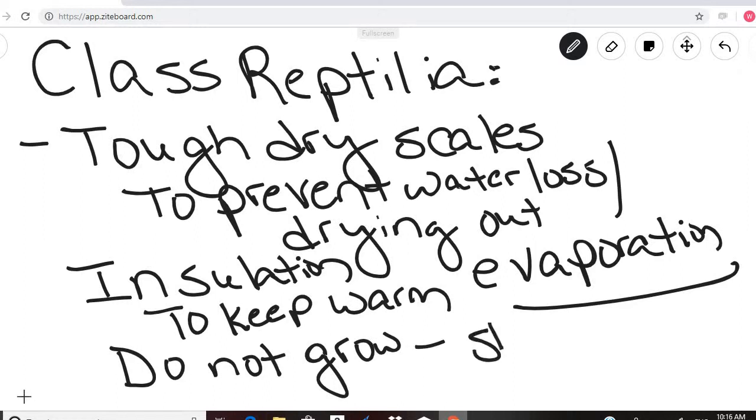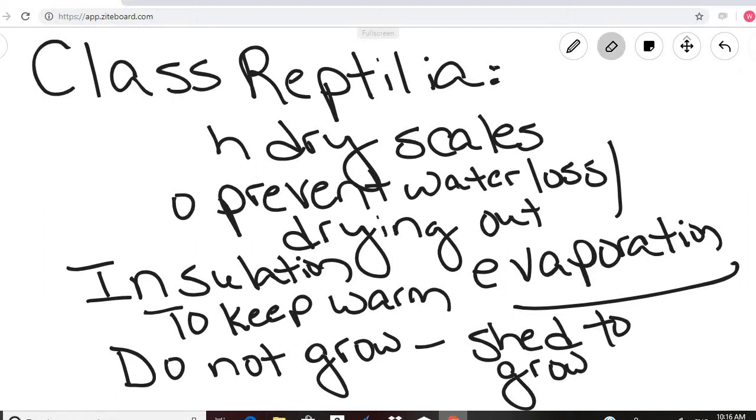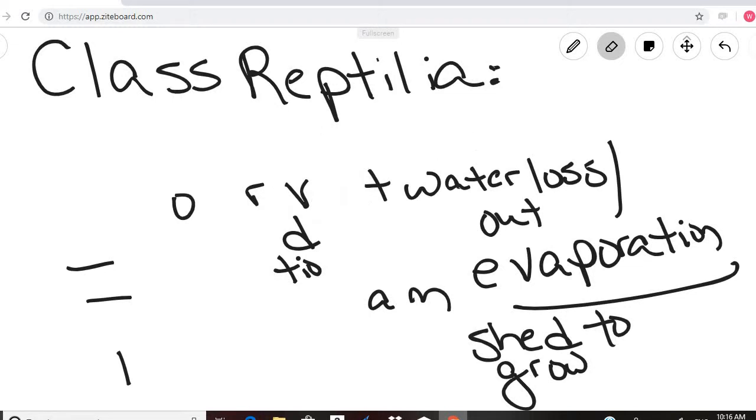So they shed them to grow. And actually, what happens in reptiles is that the new scales are formed underneath the old ones, so that there's never a period of time when they don't have a covering, because the new ones are grown underneath, and then when the old ones are shed, the new scales are already there. Okay, so tough, dry scales is one characteristic of class Reptilia.